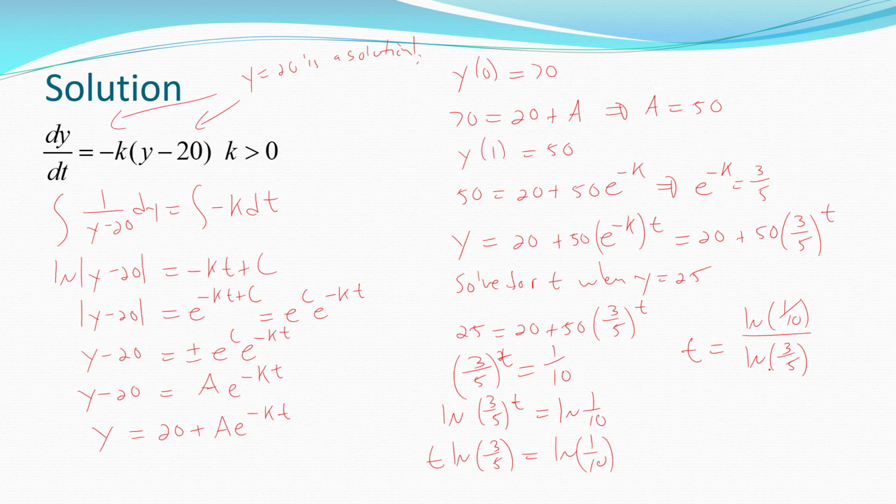After all, the numerator would wind up being the opposite of the natural log of 10, and the denominator winds up being the natural log of 3 minus the natural log of 5. And just by typing that into the calculator, I would get 4.5. So that's about 4.51 minutes. And that's the answer. That's how long it would take.